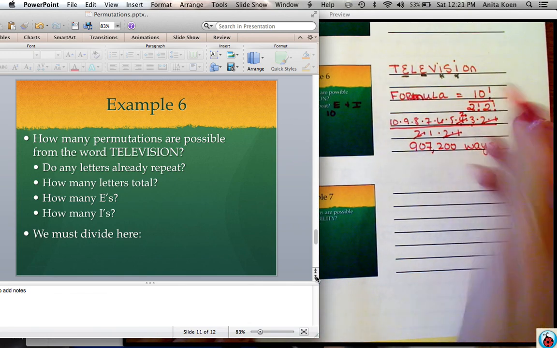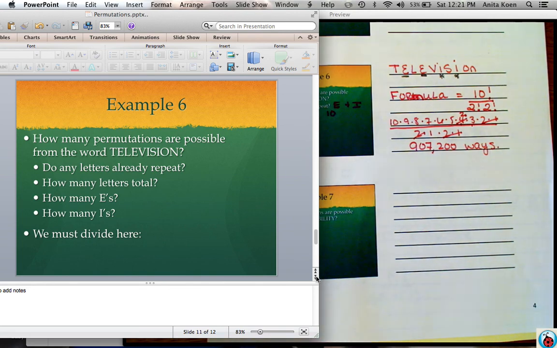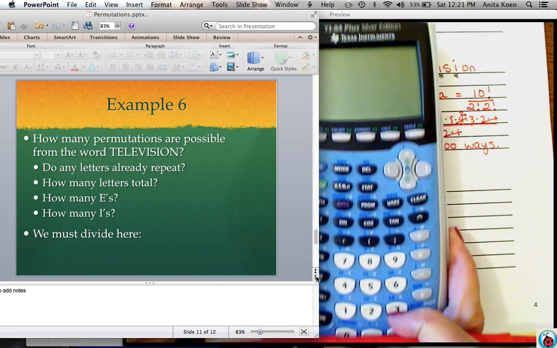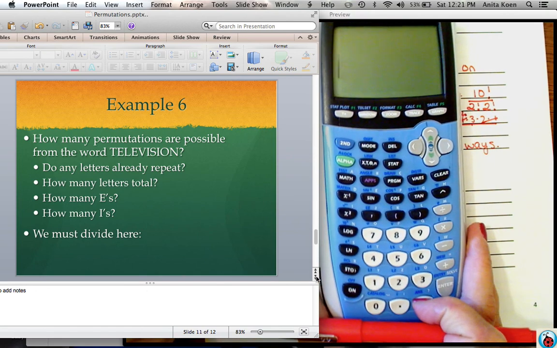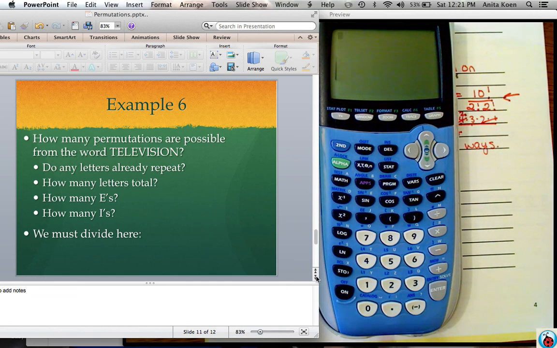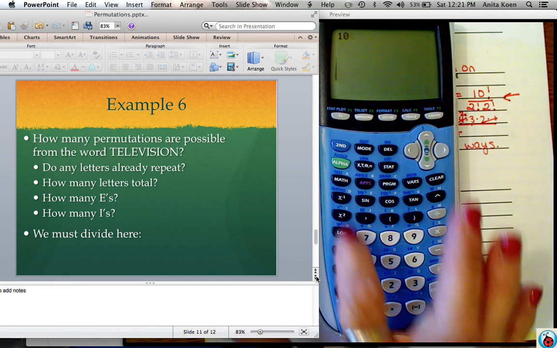Or I could go to my calculator and type in the formula. Okay, so here's my calculator. I'm going to try to get it on the screen. And here's the formula that I'm going to be typing in. So we're going to do 10 factorial.